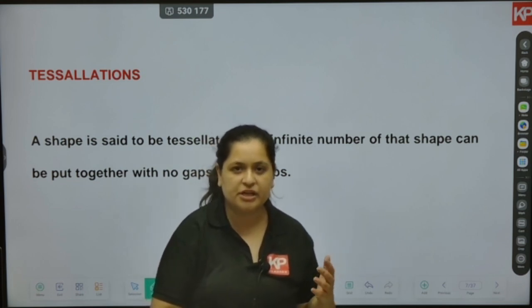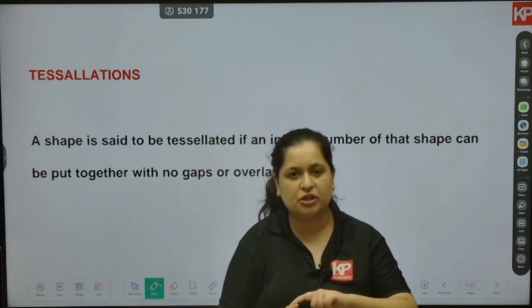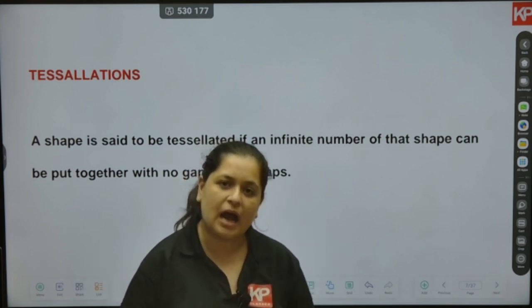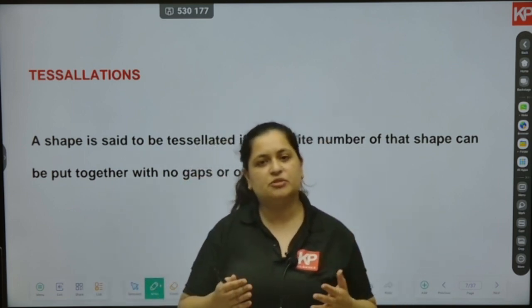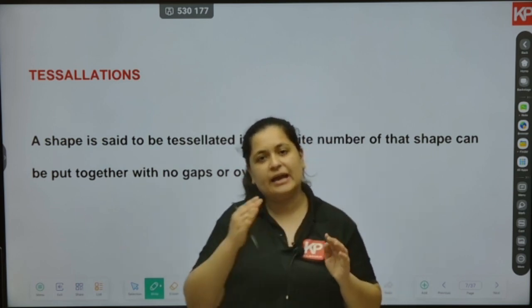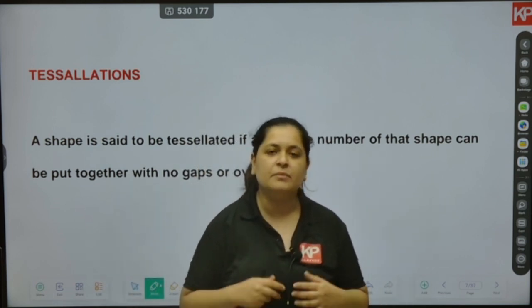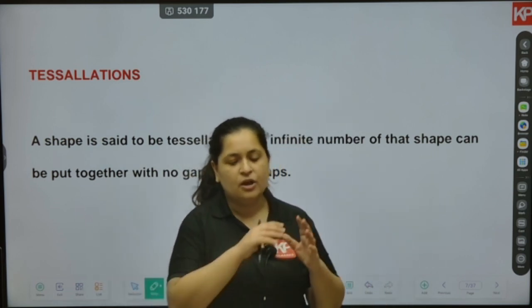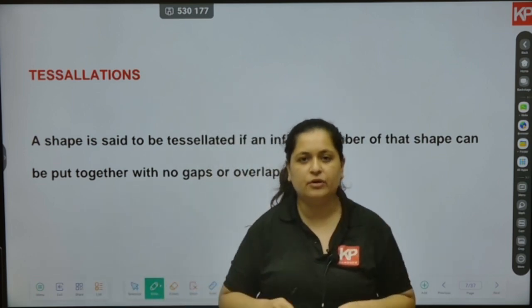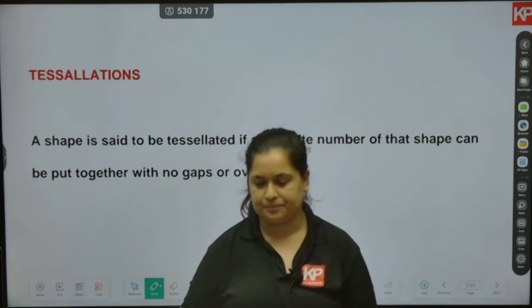You can be asked to identify which one is the correct tessellation or which shape can tessellate, or under tangram, which of these shapes can be obtained from that particular part of a square.